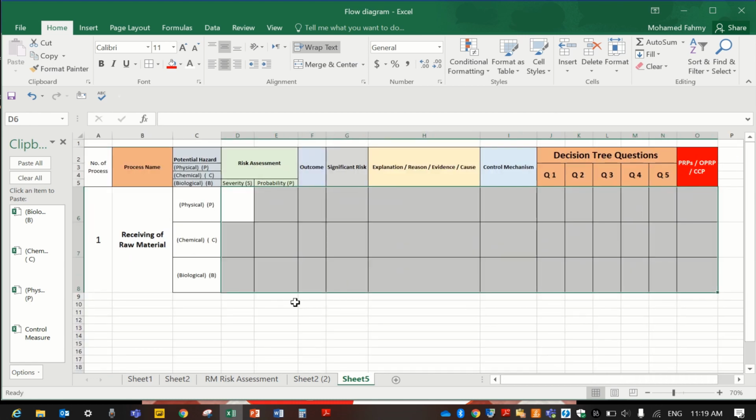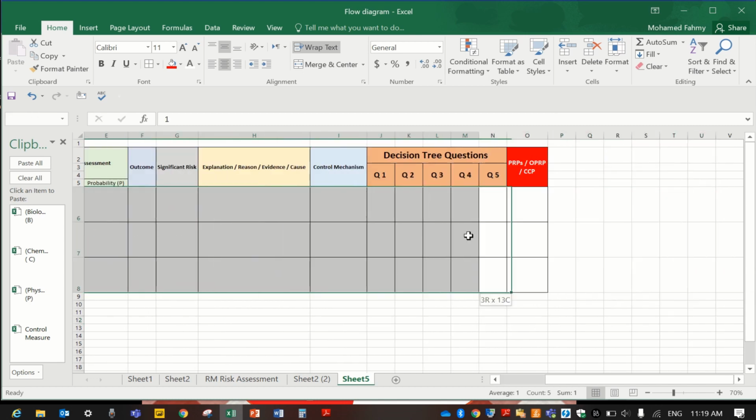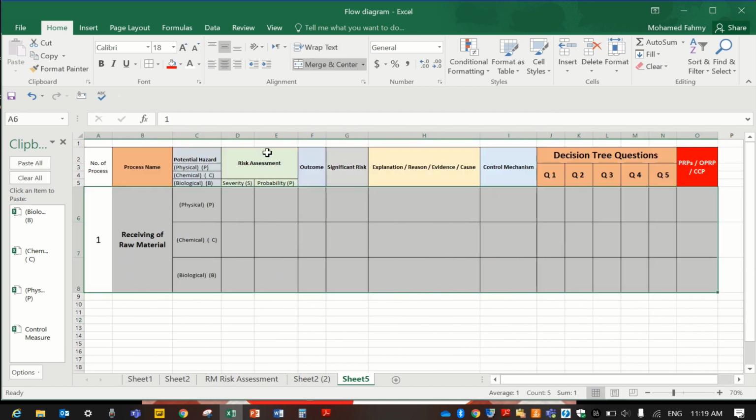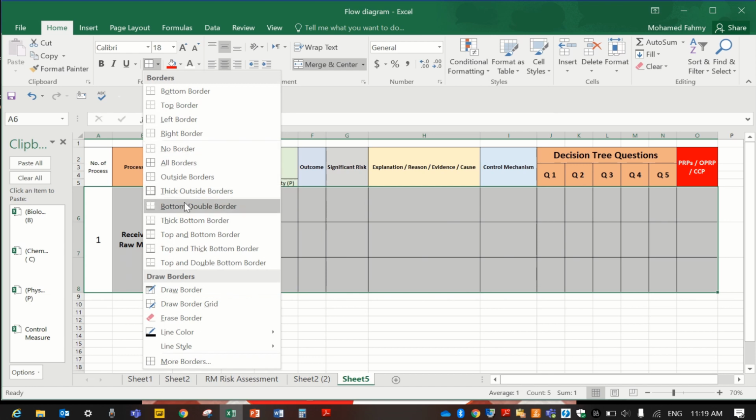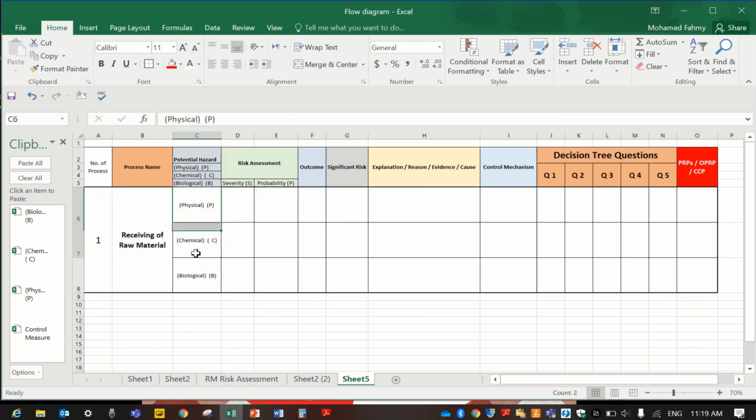So this must be the shape of each process in our process risk assessment for the HACCP plan, okay?